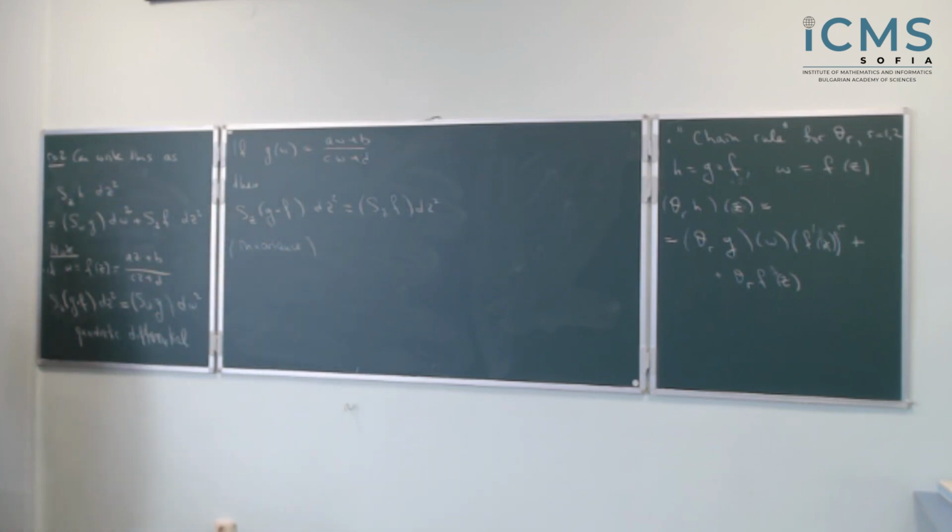Essentially, these are two of the kind of miraculous properties of the Schwarzian. The same thing works if r is 1, where we would have dz dw. So we can rewrite this chain rule in terms of usual differentials, not in terms of quadratic differentials.